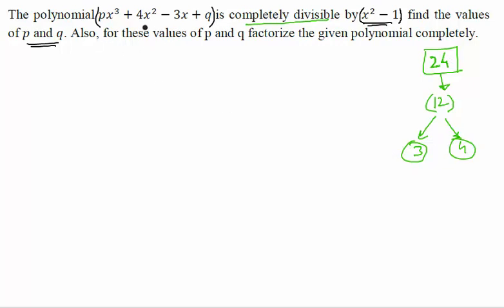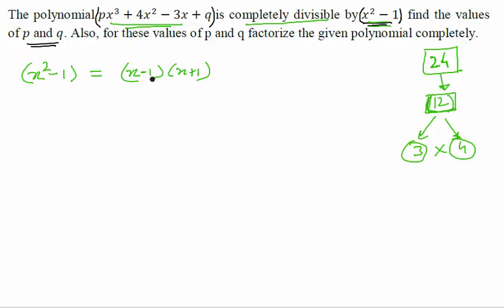So if someone has given you that this polynomial is divisible by x square minus 1, then we can actually factorize, which we have done in case of 12 also. We factorized 12 and wrote it as 3 into 4, right? Similarly, if it is divisible by x square minus 1, we can factorize this and write it as x minus 1 into x plus 1.